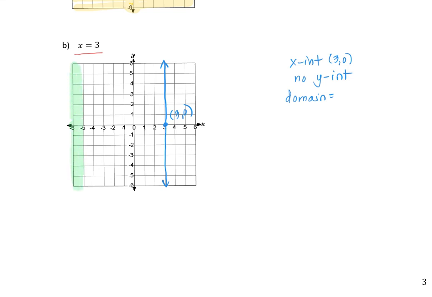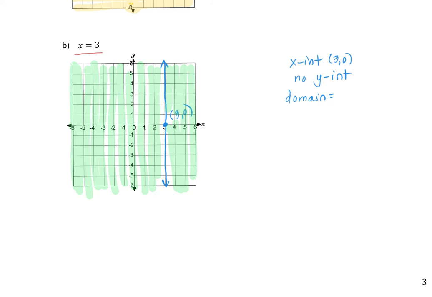And if I keep going and going, I have nothing, nothing, nothing, until I hit 3. And that would be the first x value that I have. But then after that, you see nothing, nothing, nothing. So here the domain is one value.